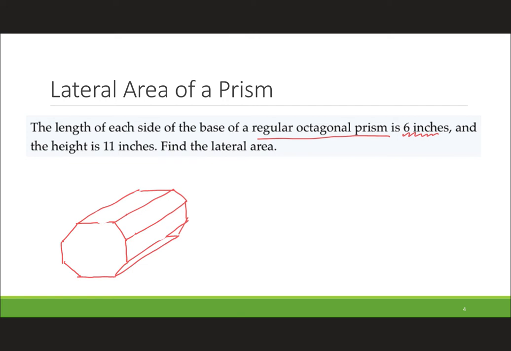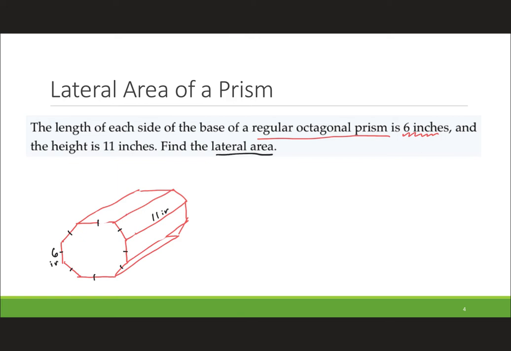And remember, the bases are the shapes that match. So that means that each of my side lengths, despite how it looks, these are all congruent. And they're all 6 inches. And then the height is 11. The height is the distance between the two bases, so that's going to be this bit right here. So 11 inches, and then we've got 6 inches over here.